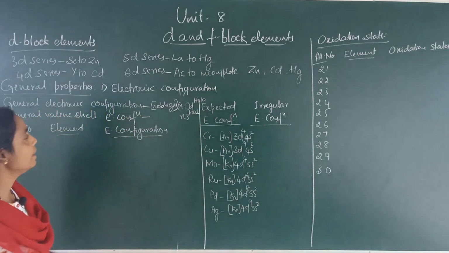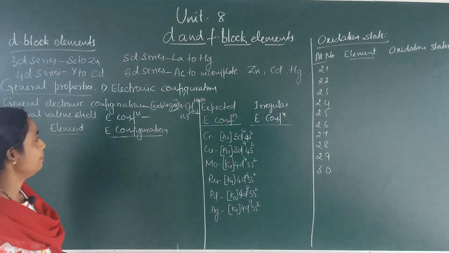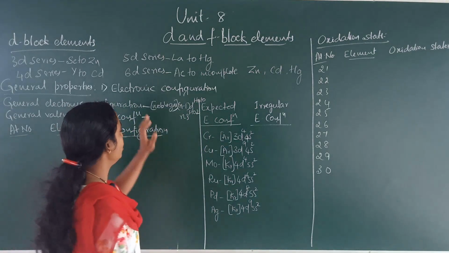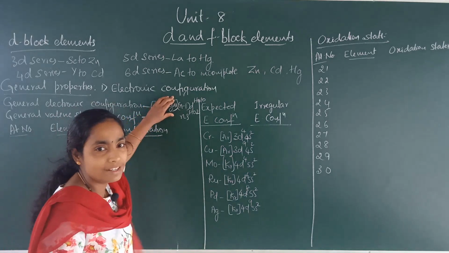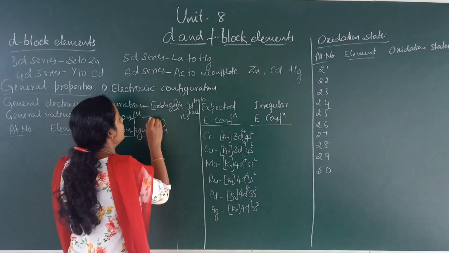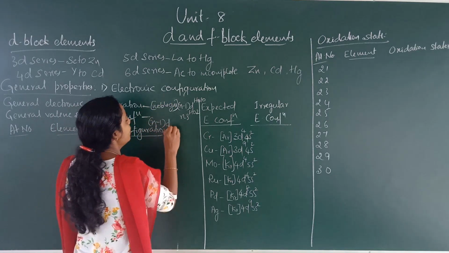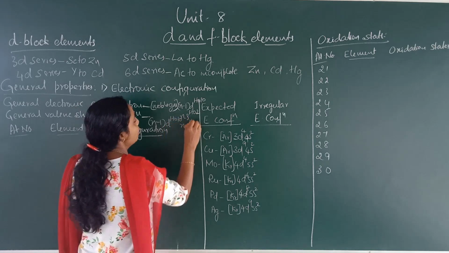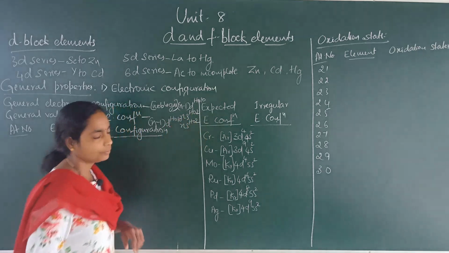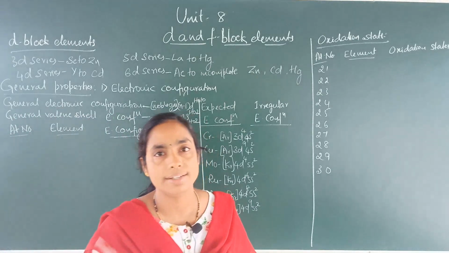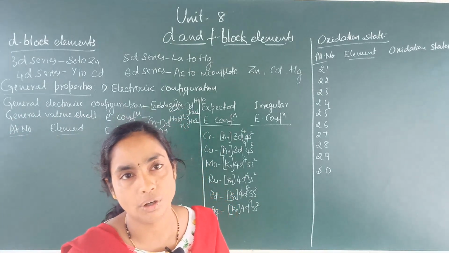If we consider only the valence shell electronic configuration, we have to leave the noble gas and write the valence shell electronic configuration as (n-1)d 1 to 10 ns 1 to 2. This is the general electronic configuration and general valence shell electronic configuration.